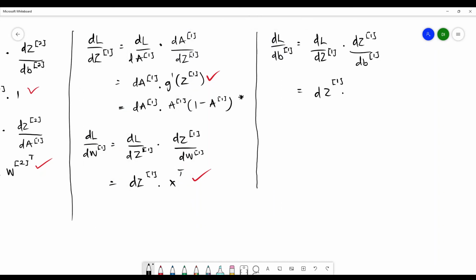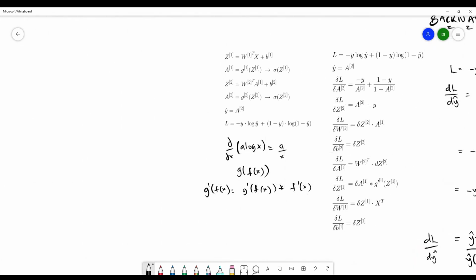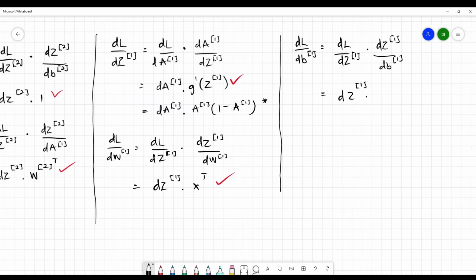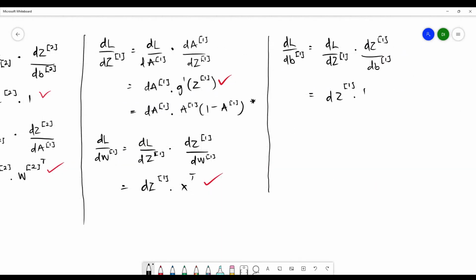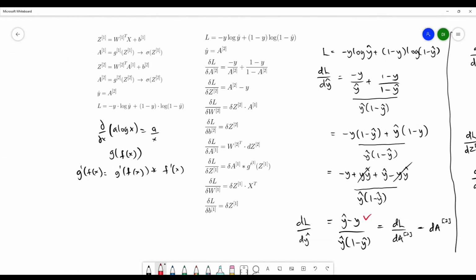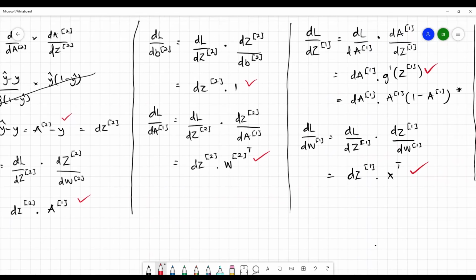The derivative would be 1, multiplied by 1. I'm always sure we're correct, but let's check. We have that.